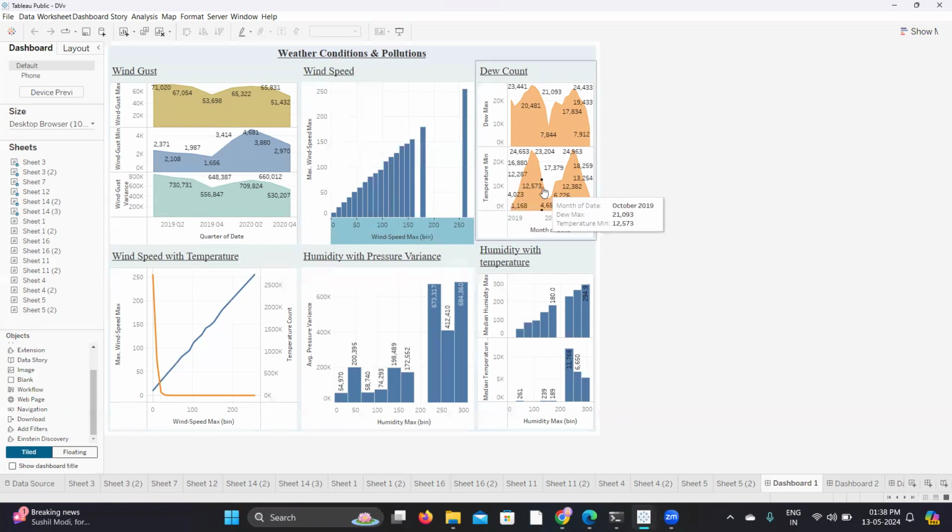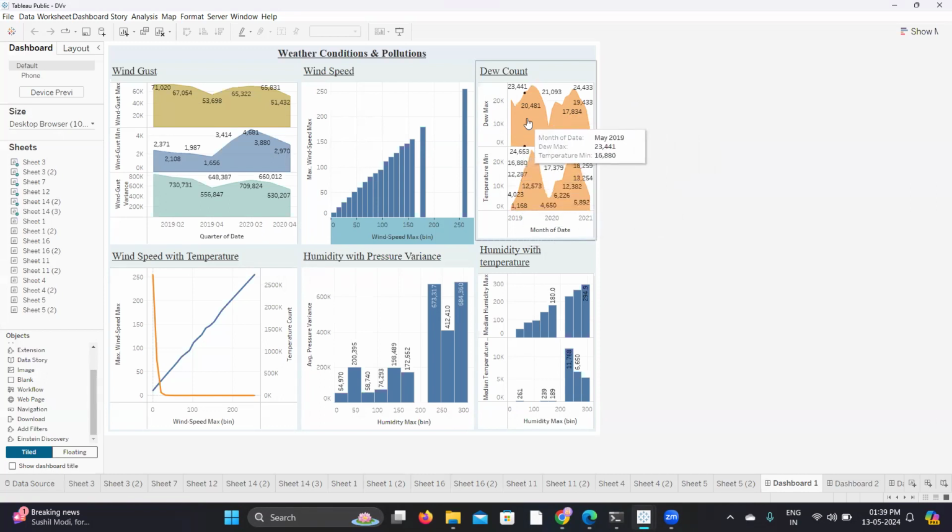So next we have dew count. This graph shows the number of observations where dew was noted, categorized by the minimum and maximum temperatures at which dew occurred. The bars are segmented by the year of observations, 2019, 20, and 21, with different colors indicating different years.